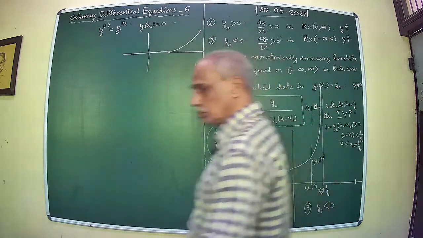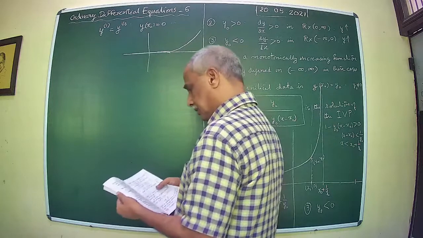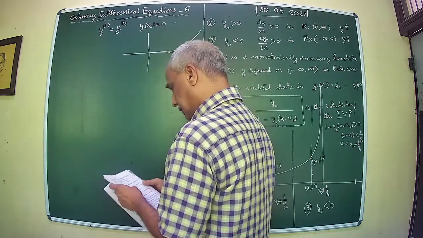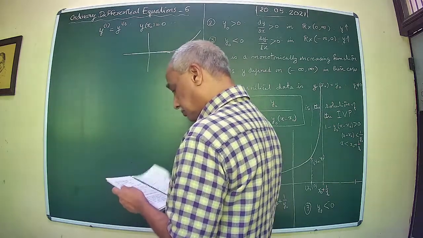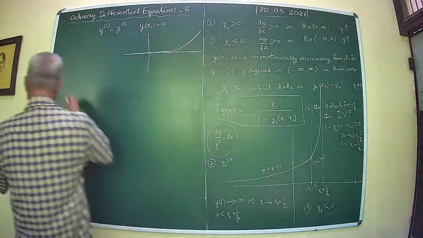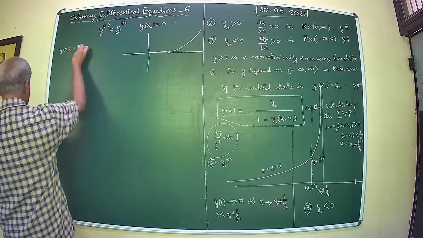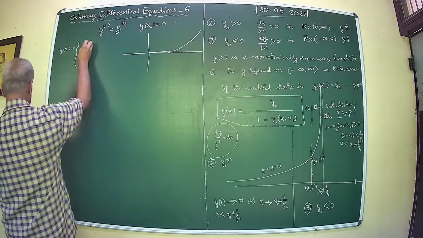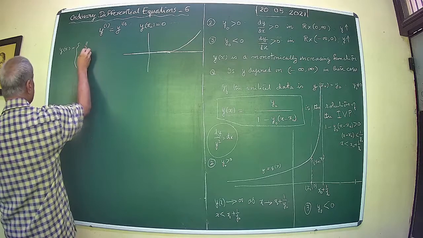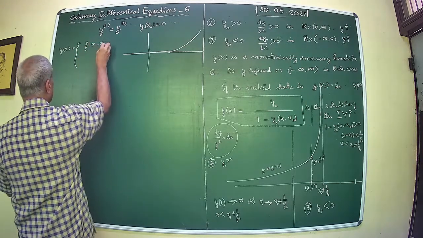There are two solutions that you can define. The solution is given by two by 3 x minus x naught, to the power three by two.